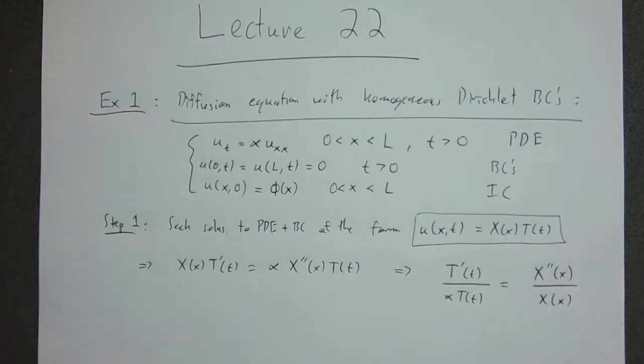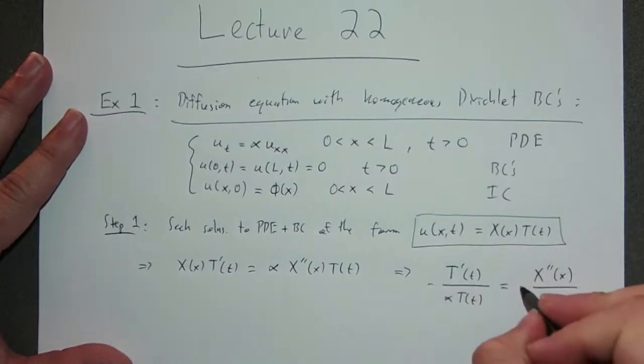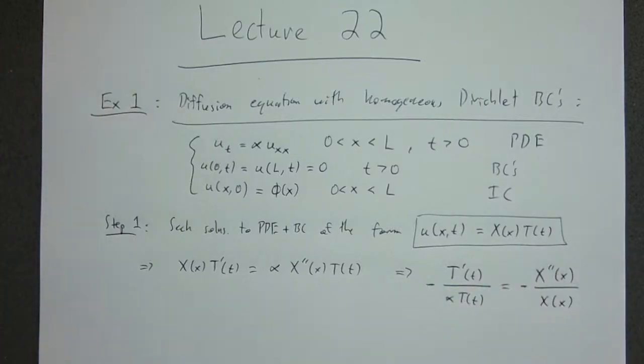And as I told you previously, for a variety of reasons, to reduce the overall number of signs, it's better to adopt the convention where we write these as minus these objects instead, which of course we can do.